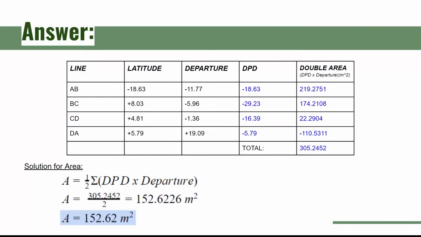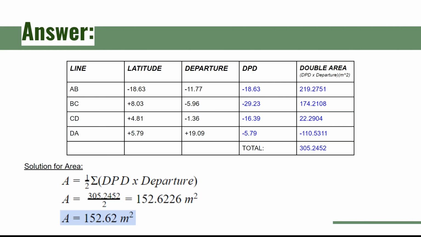So now, to get the area, we have the summation of the product of the DPD and the departure, which is positive 305.2452. Substituting that value to the formula, we have 305.2452 divided by 2 to get the answer of 152.6226 square meters.